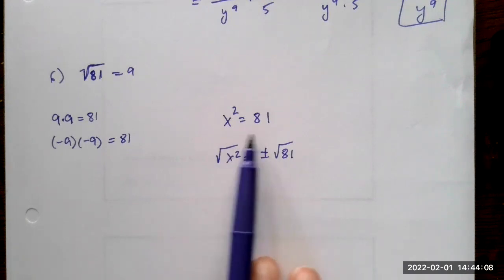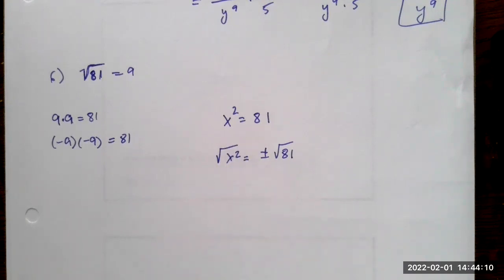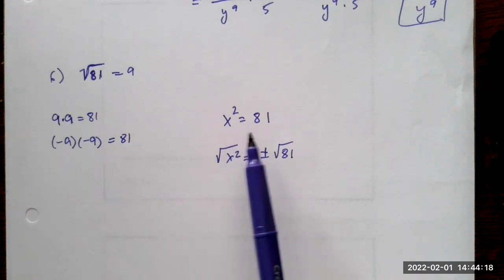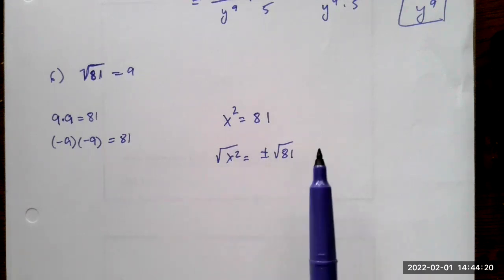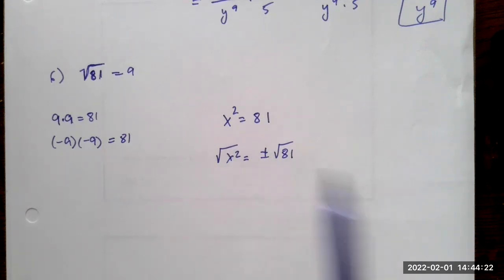But this problem implies that we can have both. We can have a positive answer and a negative answer. And that's why when we're solving an equation like that, we have to include both.